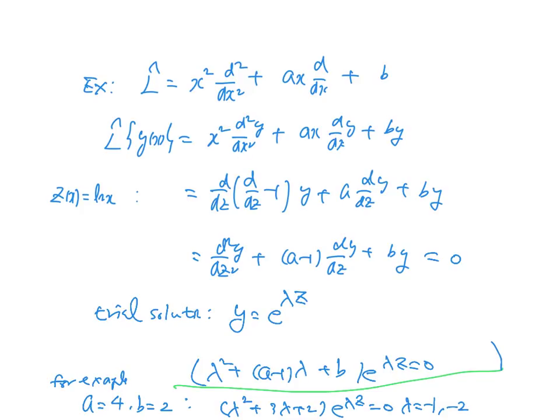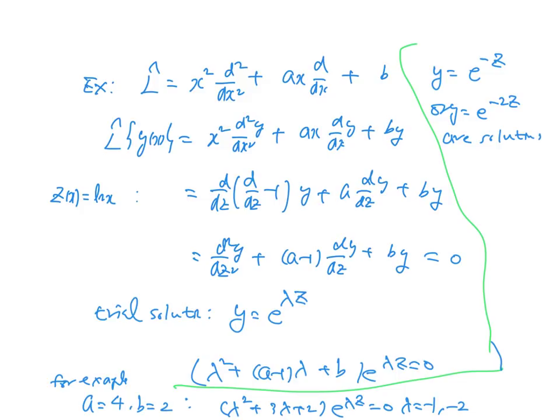So we have more room here. So y equal exponential minus z or y equal exponential minus 2z are solutions, right? But what is exponential minus z?